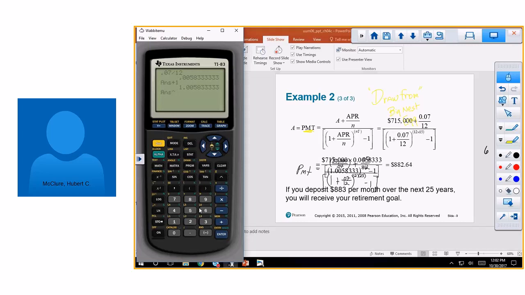Well, I'm going to put a parenthesis here and I'm going to say 12 times 25 equals minus 1. I get the same answer. What'd y'all get? Well, something's wrong. Store alpha D. So alpha N divided by alpha D.